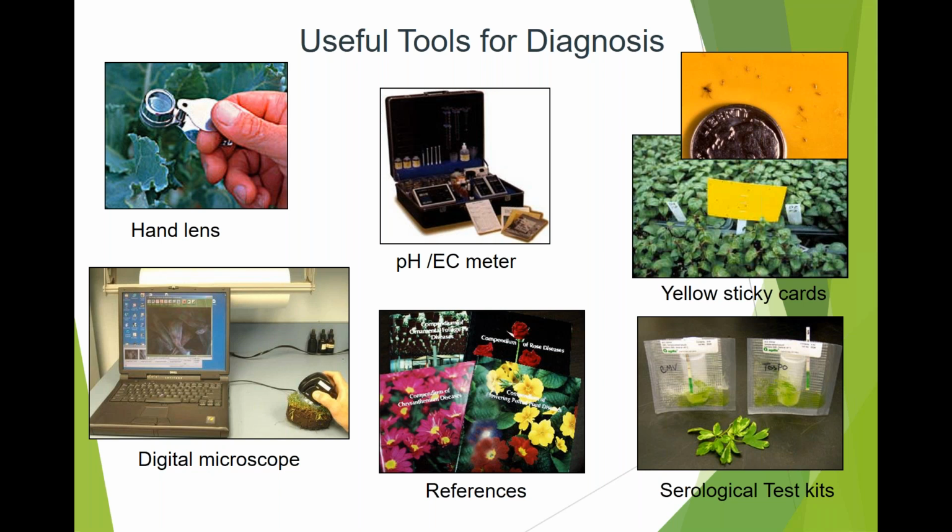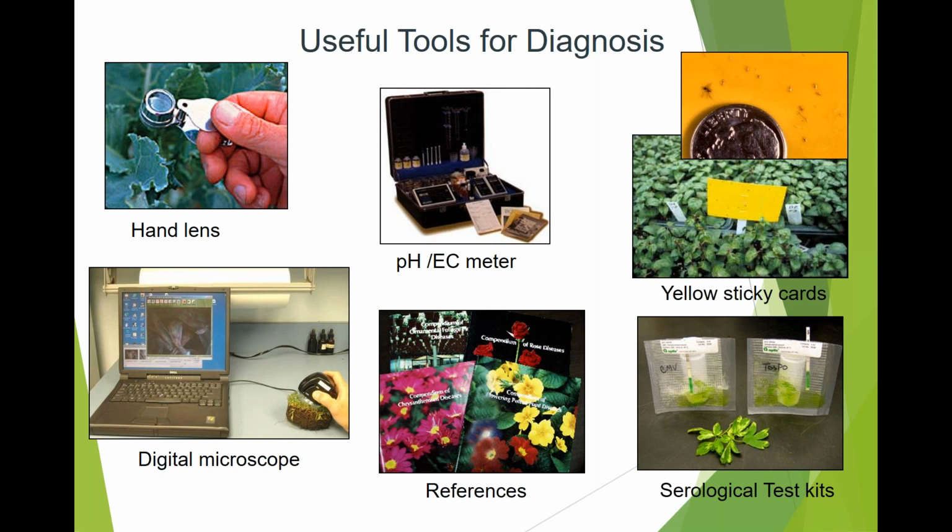References are extremely important, and there's lots of different kinds of references that are helpful. The pictures here are for the APS, the American Phytopathological Society Compendia of Diseases, but there are many textbooks, and there are many publications from Extension and other grower organizations that can really be useful. Monitoring for pests, as I said before, is critical for getting a big picture of diagnostic issues in your particular greenhouse. Yellow sticky cards, blue sticky cards, other ways of monitoring.